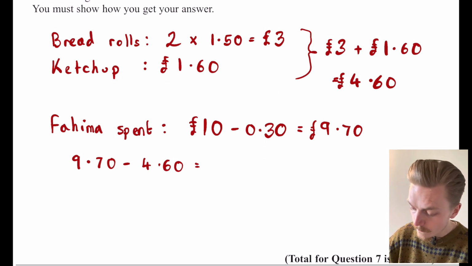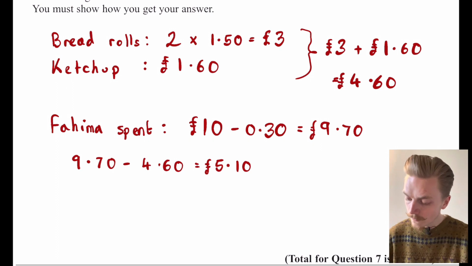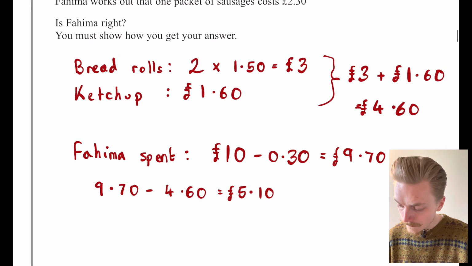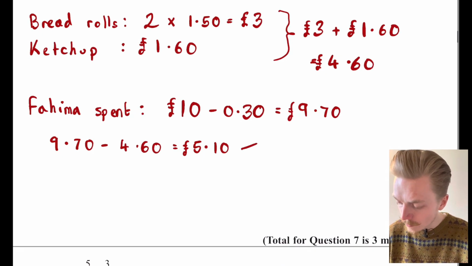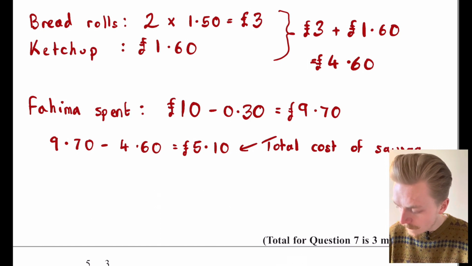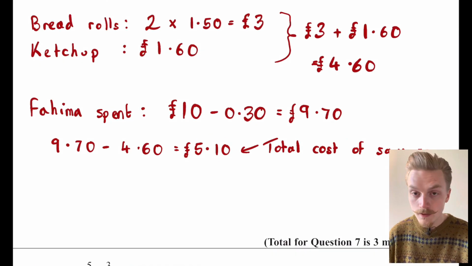So if we just work that out, that will be £5.10. We could do a little subtraction at the side if we need, just one line of working out. So that'd be £5.10. Okay, fantastic. So we've got £5.10, and this is here. Let me just signpost this. This is total cost of sausages. Lovely. So all my sausages, all 3 packets, cost £5.10 altogether.